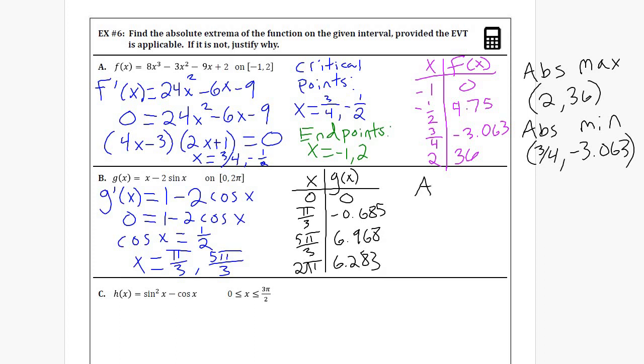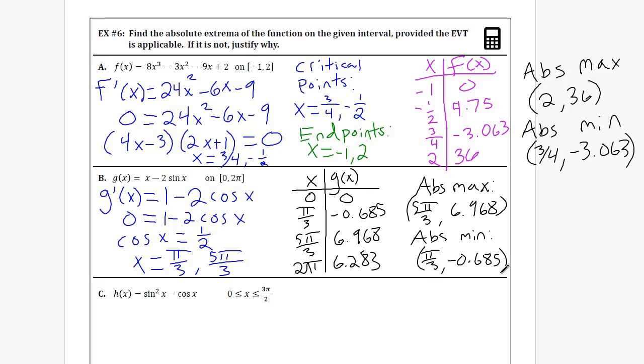We have an absolute max at 5 pi over 3, 6.968, and an absolute min at pi over 3, negative 0.685.